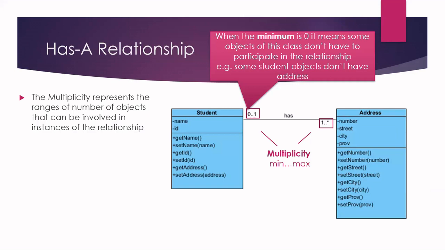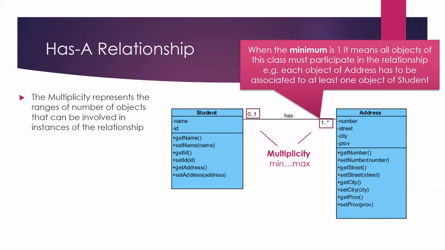When the minimum is 0, it means that participation is optional. So you can have a student that doesn't have an address, meaning one student object is not linked to any address object.